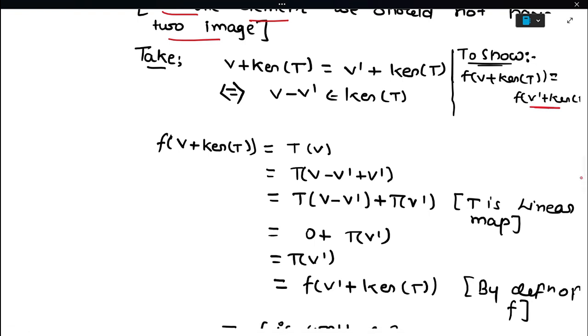So f of v plus kernel of T equals T of v by the definition of f.